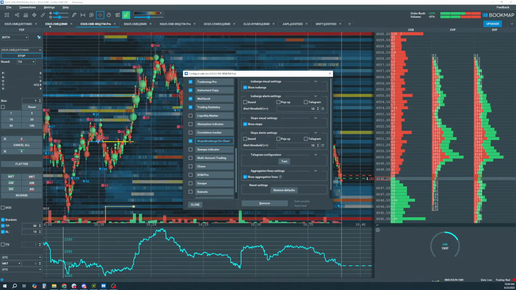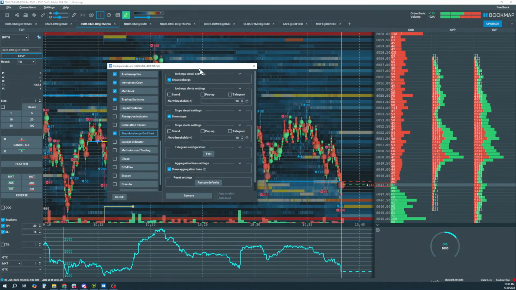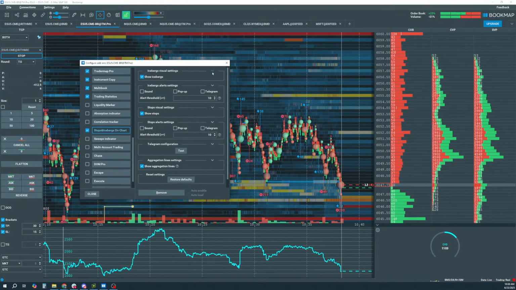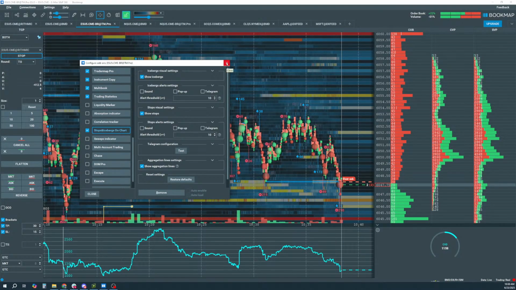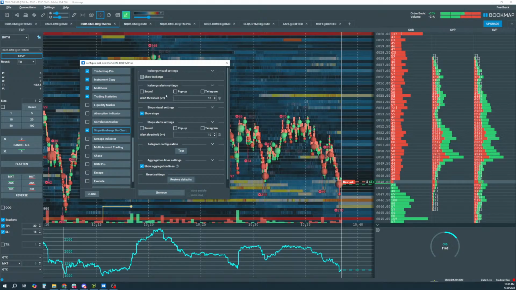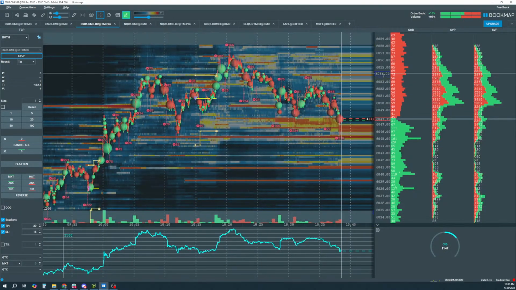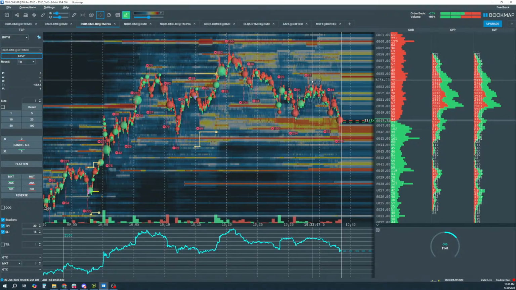You don't have to have it on the S&P regular chart first. Okay, so you can have it on the synthetic instrument here. And so that's new.